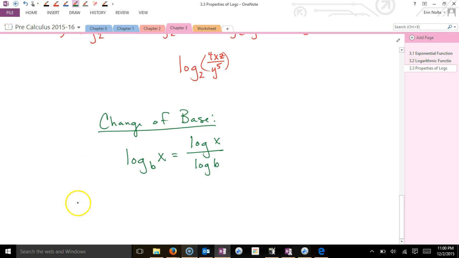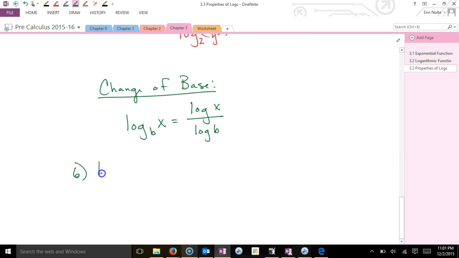So for example, I think I'm on number 6 maybe. If I have a log base 3 of 5, how could I type that into the calculator? It would be the log of 5 divided by the log of 3. The base number will go on the bottom.